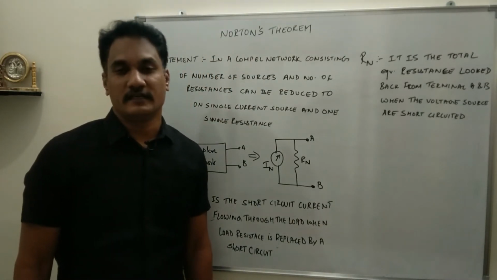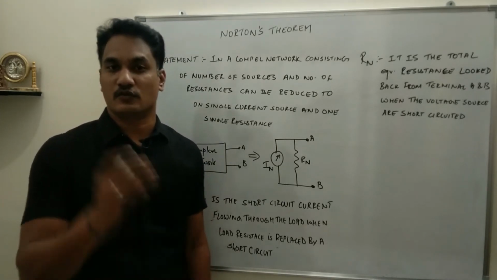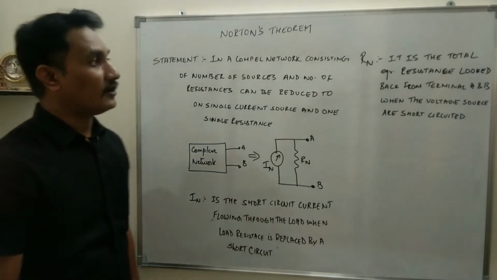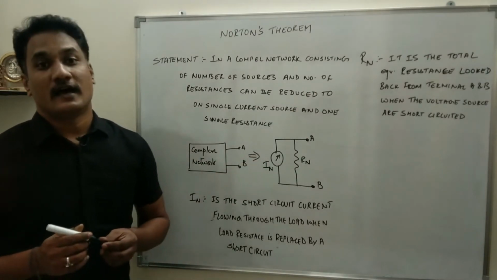But we are considering all the sources as ideal, so we will just remove the source and we will create a short circuit, exactly on the same lines as Thevenin's theorem. That is how we will calculate RN.